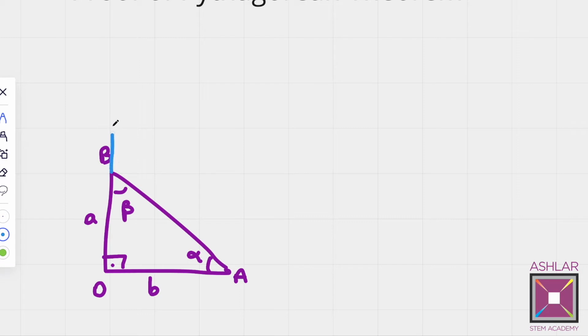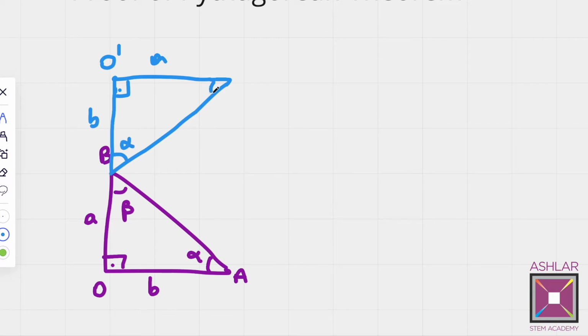So this side length would be B this time, and this will be A. So let's see, this is A. So this is the exact same triangle, but a rotated version. So this is like 90 degrees, okay? So now let's call this vertex O prime. And this angle this time would be alpha. And this angle would be beta. So let's call this to be B prime.